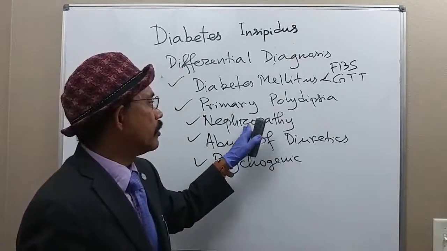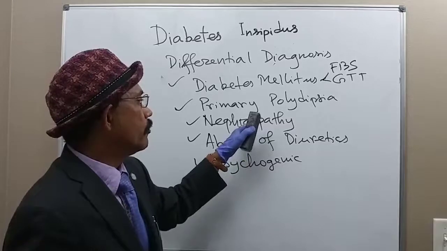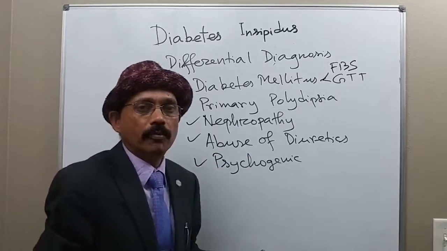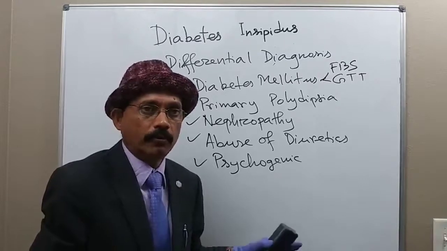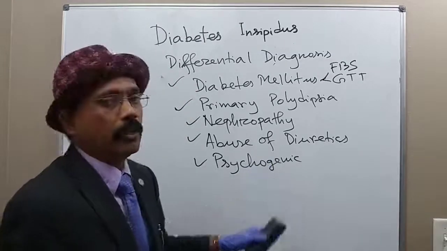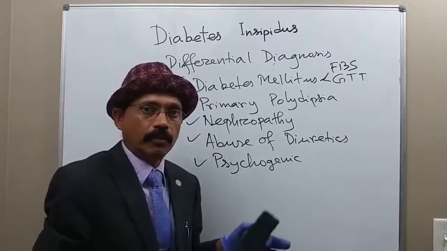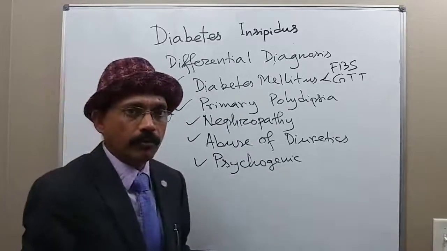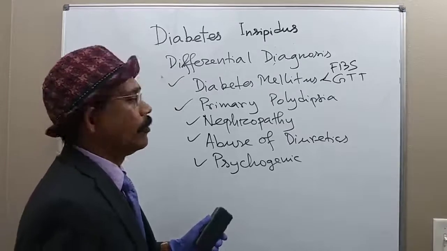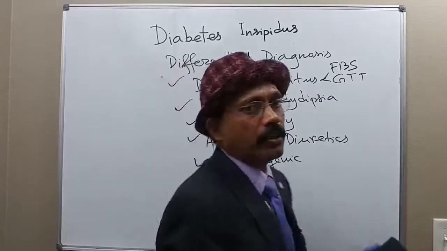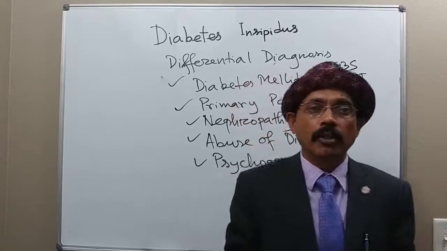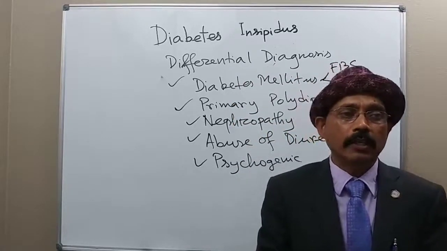Nephropathy, we may investigate to find out any kidney disease. Abuse of diuretics, we must get the history properly. Psychogenic, again we can ask why he has to go to the restroom so frequently. There are many differential diagnoses, depending on the clue of polydipsia, polyuria, like that.